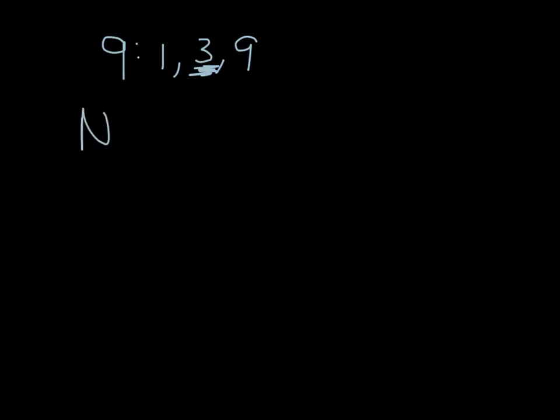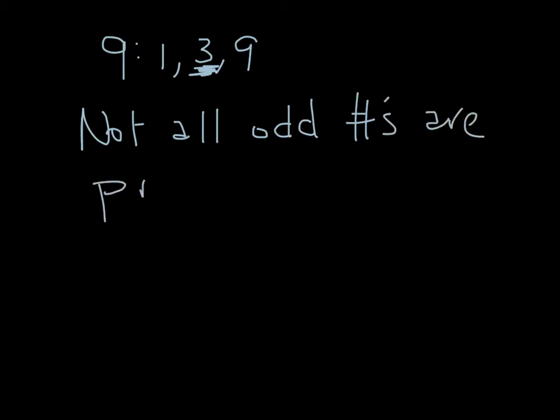So, not all odd numbers are prime. But the only numbers that could be prime are odd numbers, except for 2. Remember, that's the only number that's even, and it's a prime number.